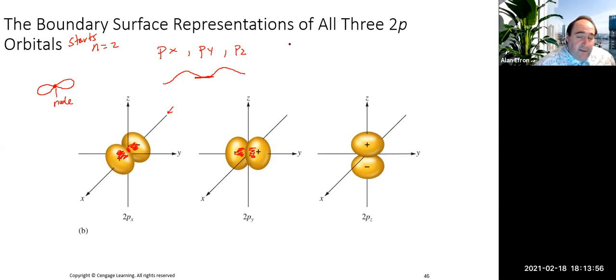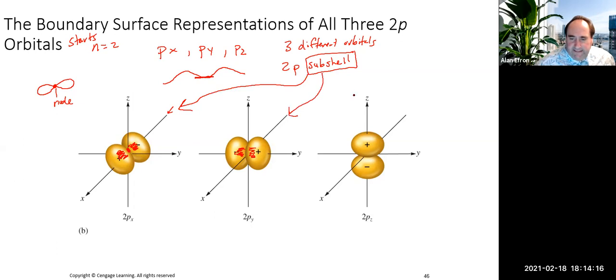Because there are 3 different orbitals here, these are sometimes referred to as the 2p subshell, for example. A subshell represents all 3 of these individual orbitals, which means if you filled up the 2p subshell in this example, you would max out at 6 electrons.